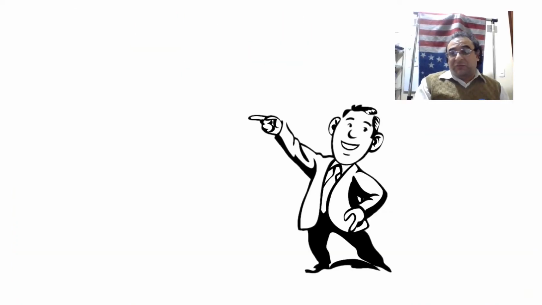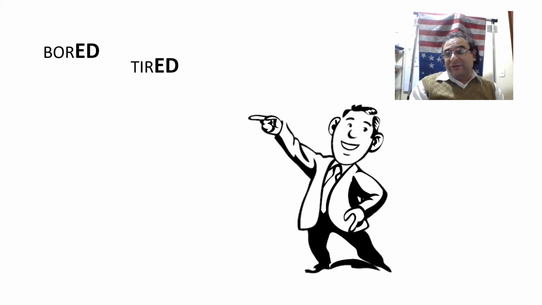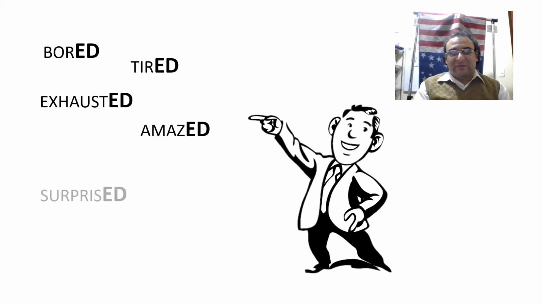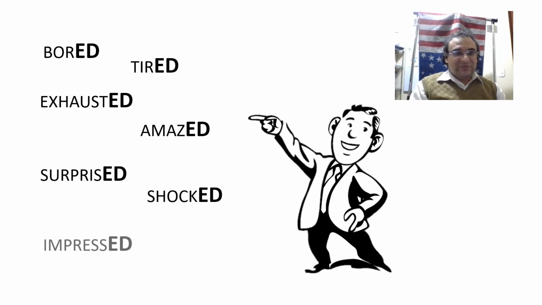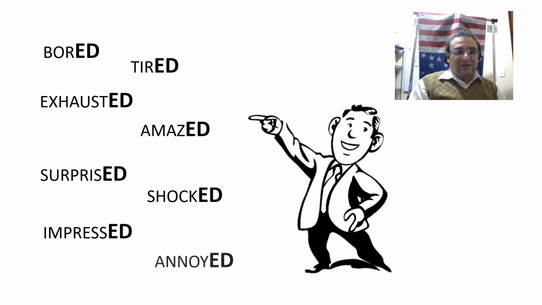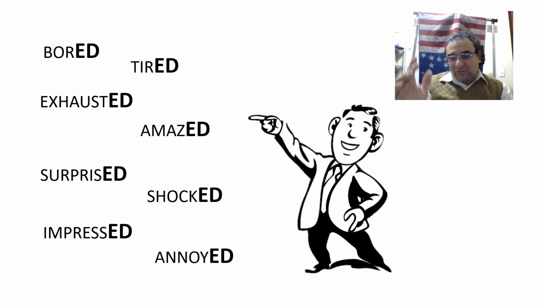So then we use past participles, and most of the past participles as adjectives are with ed, right? For example, bored, tired, amazed, exhausted, surprised, shocked, impressed, annoyed, no? And there are more, of course.